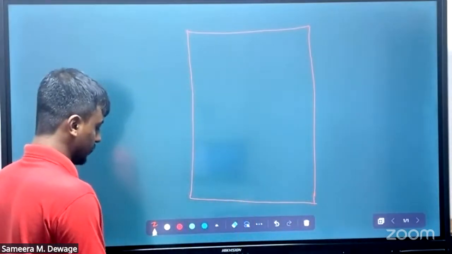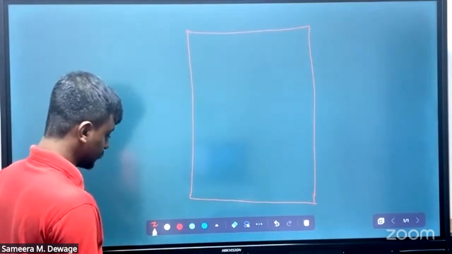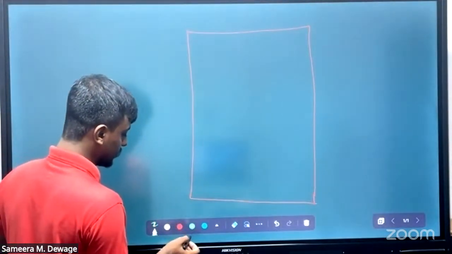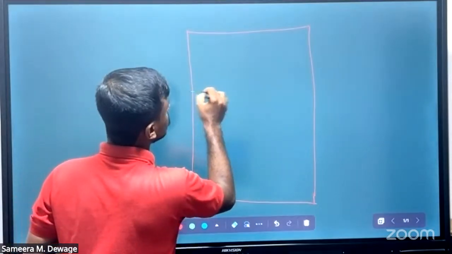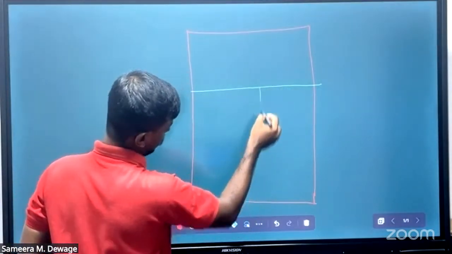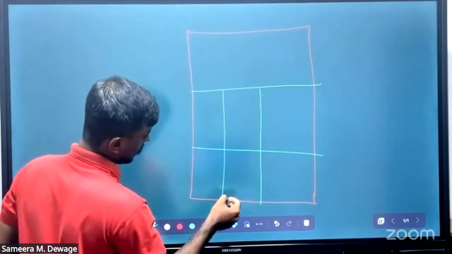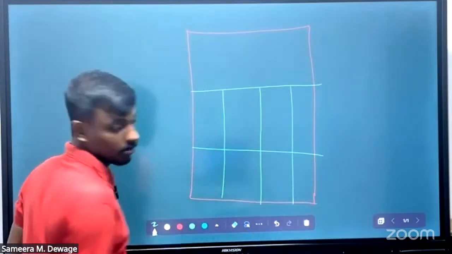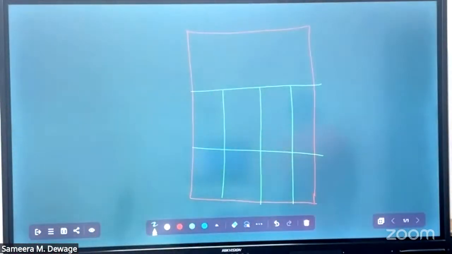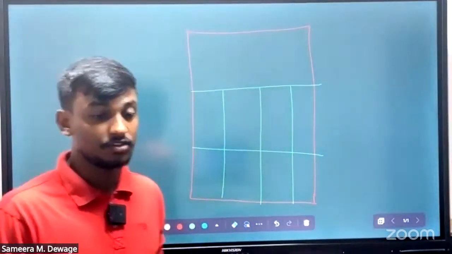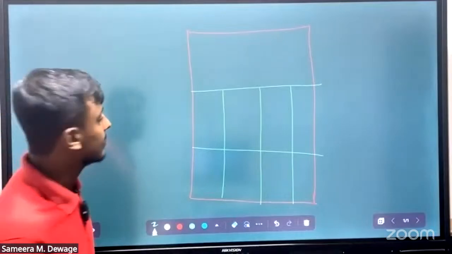So then you need to divide this like this.